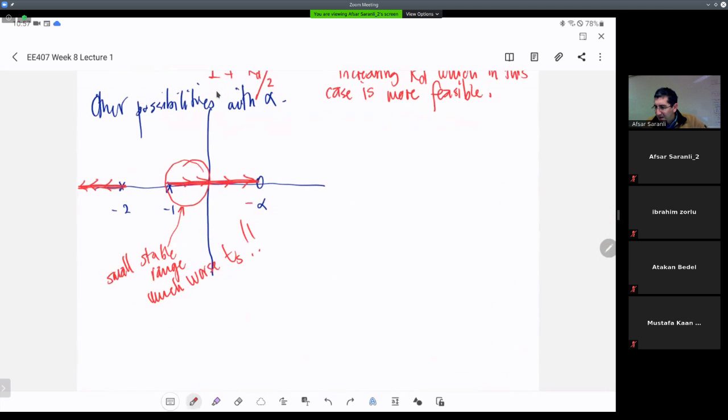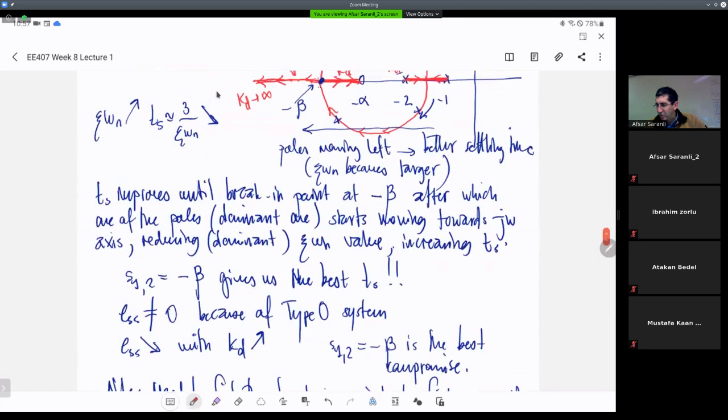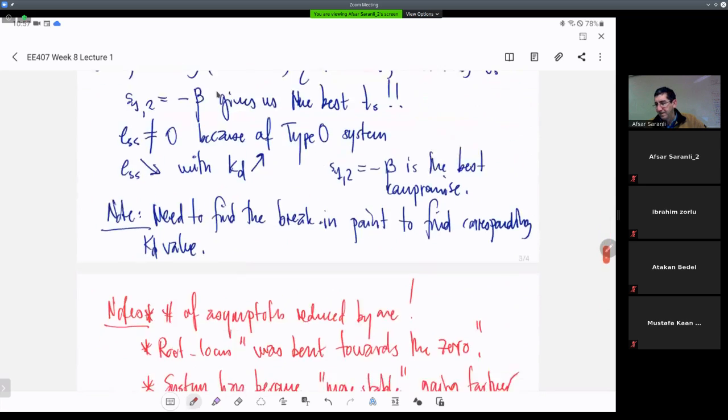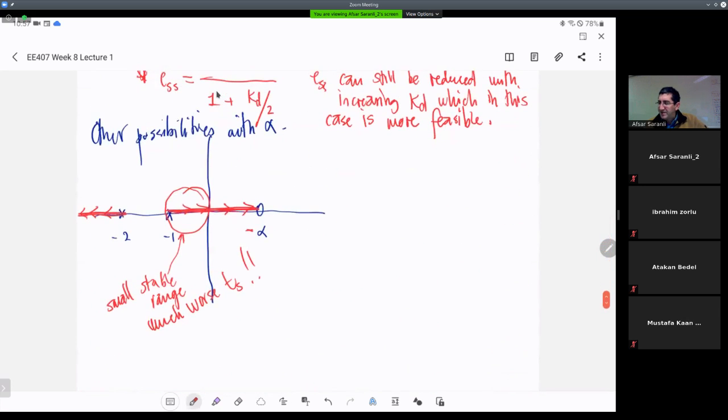So this is minus alpha. Our pole is on the right hand side, right? Let me correct. Yes, this is minus alpha over here as well. Okay. So this is not a very wise choice.